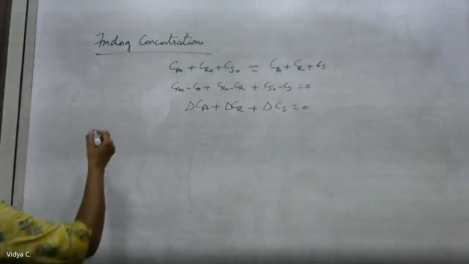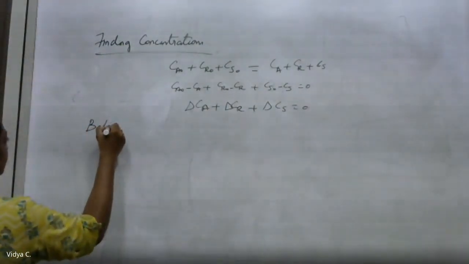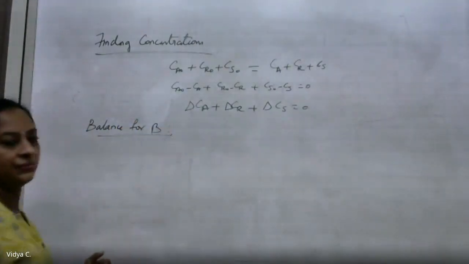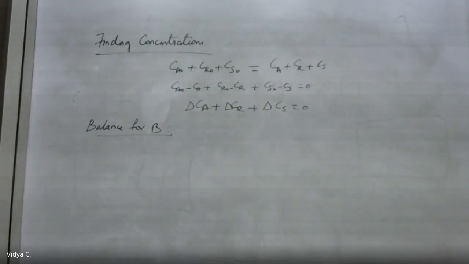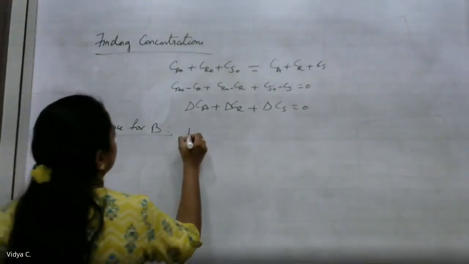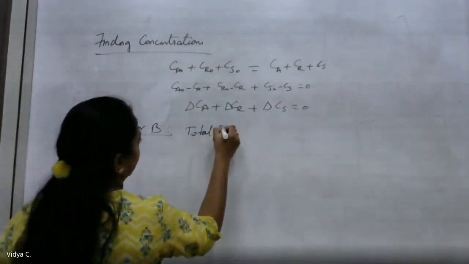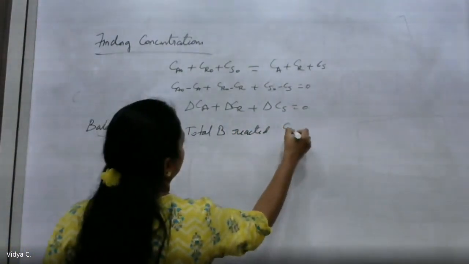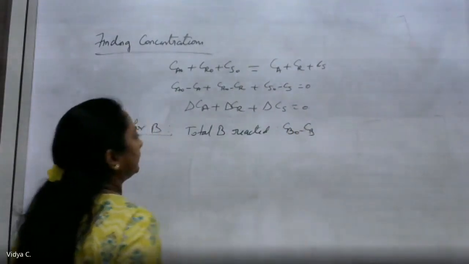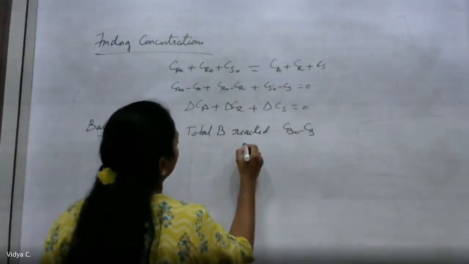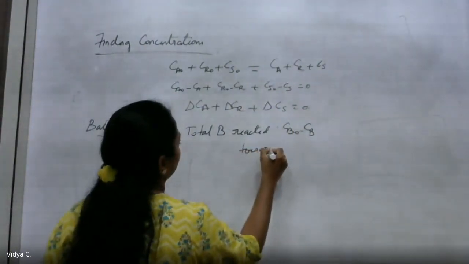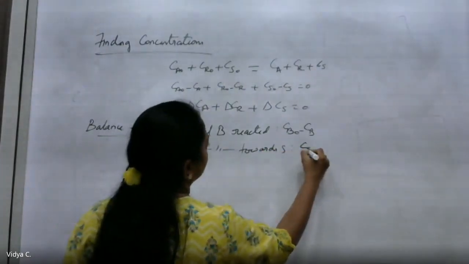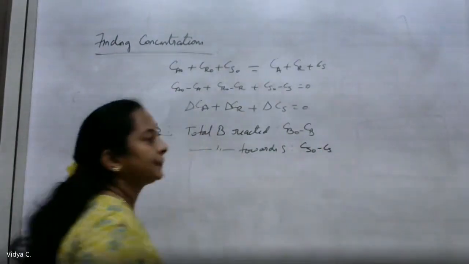Okay. Next is balance for B. So total B reacted will be CB naught minus CB. Okay. And total B reacted towards S will be CS naught minus CS.